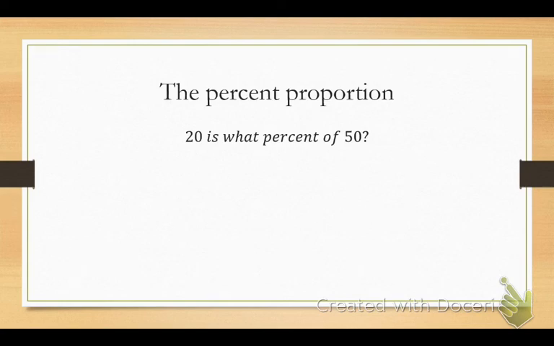Notice that I did title this slide, okay? Now, on your quiz and test, you will be able to choose which method you want. However, I would suggest that the percent proportion is actually the better choice when you're solving for percent. And here's why. The percent proportion builds in the conversion. You don't have to worry about remembering to convert your decimal to a percent.